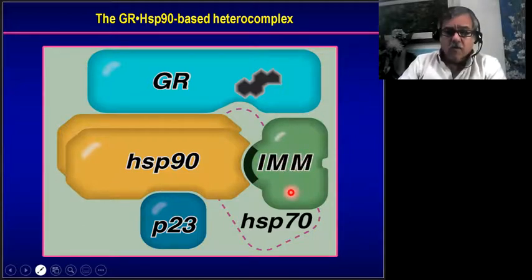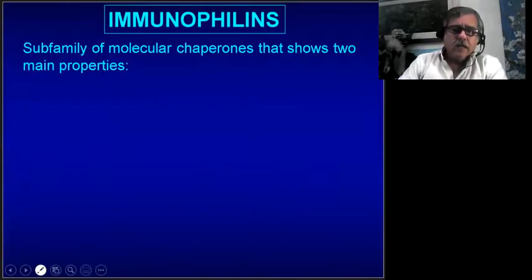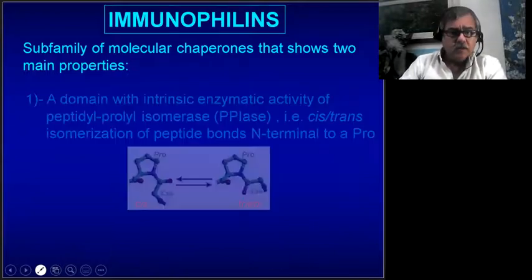Both HOP and immunophilin interact with HSP90 via TPR domains, shown here as a black crescent, that is, sequences of 34 amino acids repeated in tandem. Immunophilins are a subfamily of molecular chaperones that show two main properties.